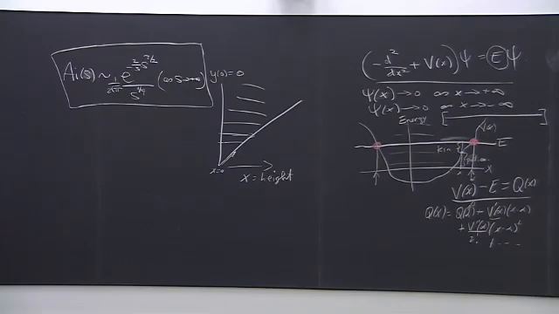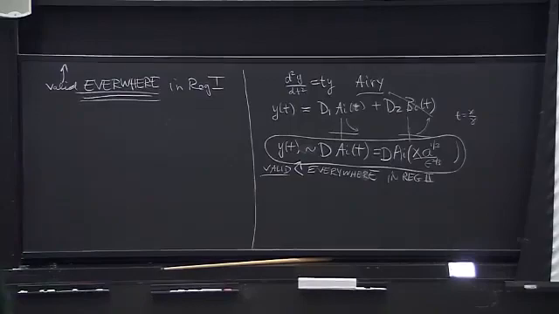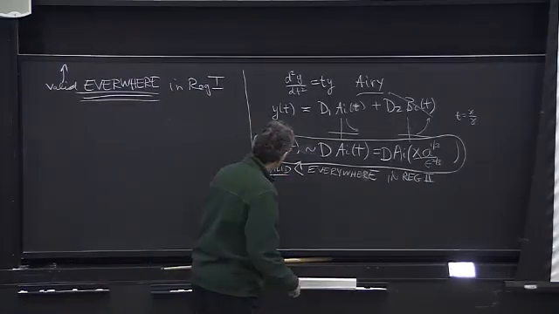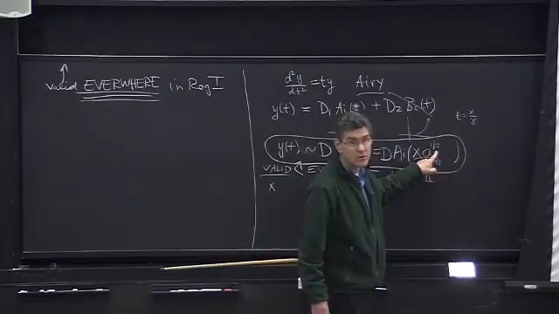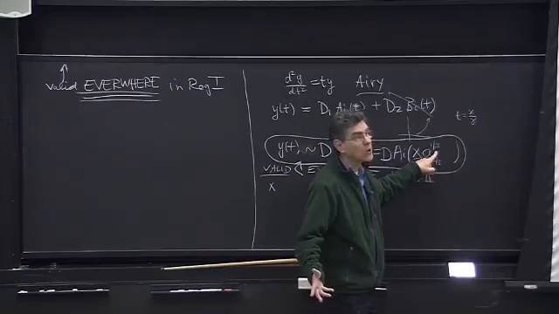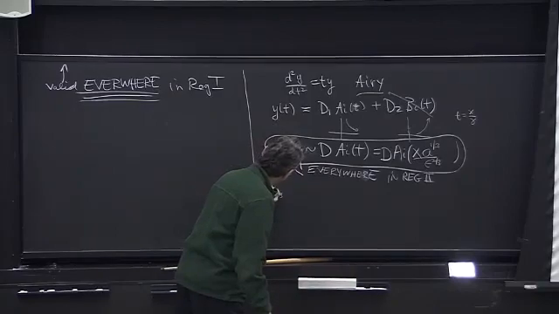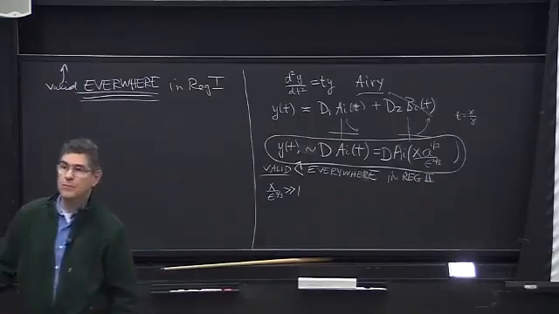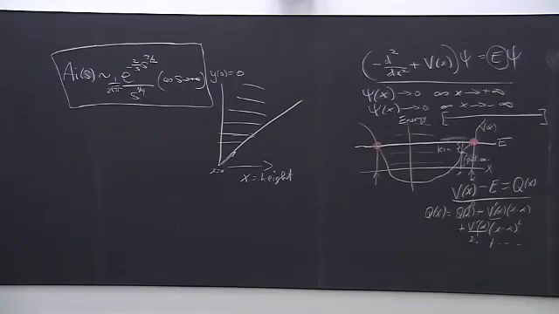When can I make the replacement that this Airy function is given by this asymptotic approximation? I can make that assumption if a is a constant, you understand. A is just a fixed number like 21 or something. So long as x over epsilon to the 2/3 is large compared with 1, then I can approximate the Airy function using that formula.